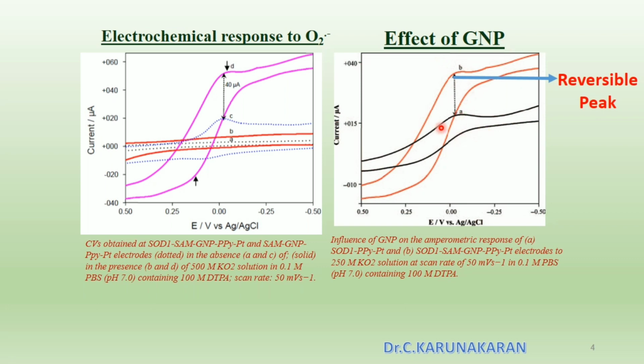In the absence of GNP, the current signal is low. Without GNP, we used a polypyrrole electrode and immobilized SOD1, and the current response is measured for superoxide radical. Whereas in the presence of gold nanoparticle, the current response is increased 2 to 3 fold.